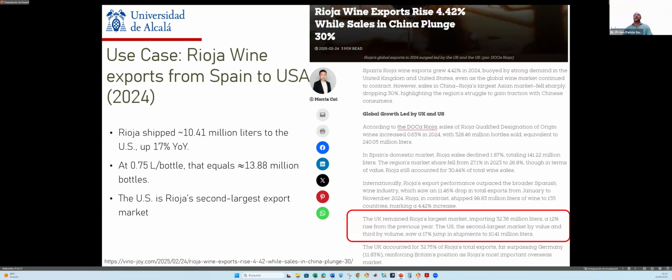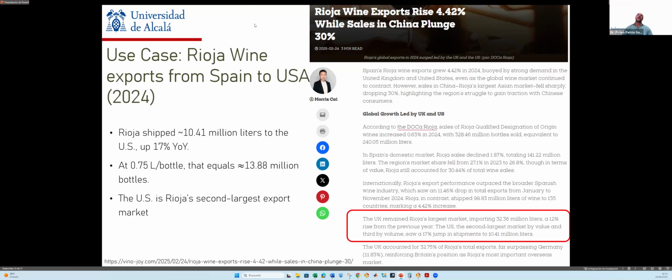So what about our use case? We are going to talk about wine. So we are going to consider the Spanish wine exports to the USA, and more specifically the most well-known, well, it's not a brand, it's a kind of red wine that is Rioja.